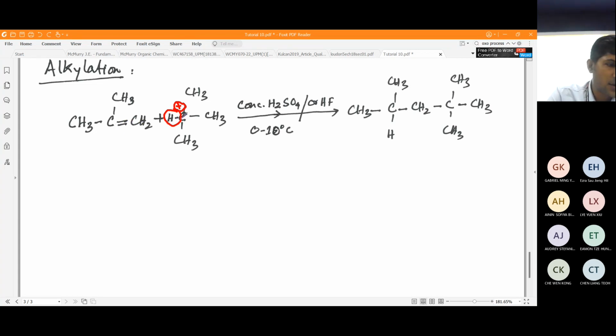So this carbon is going to get attached to this carbon. This bond is opened up, hydrogen attaches to this carbon, and this whole branch will be attaching to this carbon as well. That is how the bonding occurs.